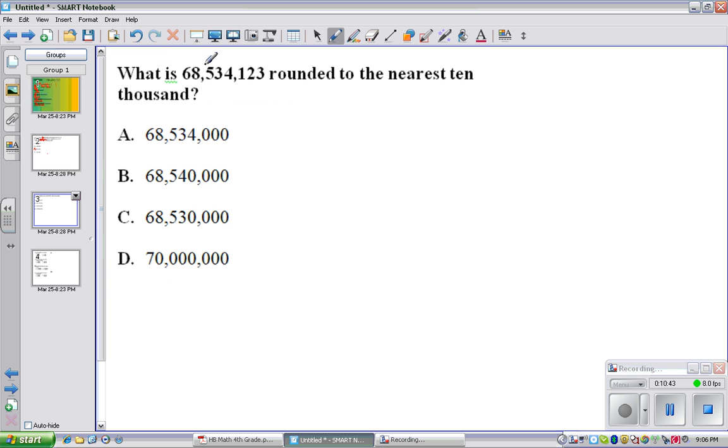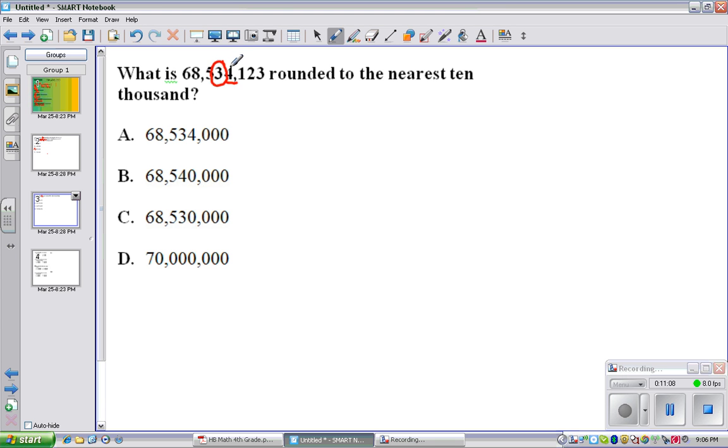Next, I have the number 68,534,123, and I need to round to the nearest 10,000. Well, let's find the 10,000s place. Remember our pattern: ones, tens, hundreds, ones, tens. I am going to stop here because this is the 10,000s. I circle the number I'm rounding to, and I underline the boss.